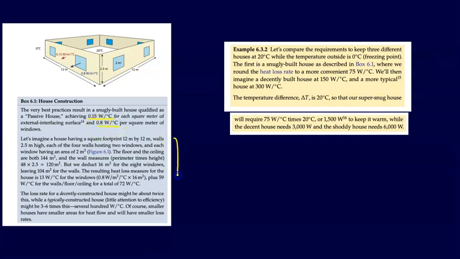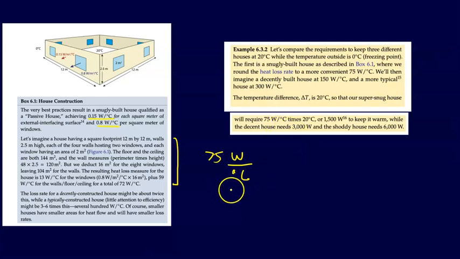They go through and calculate, looking at surface areas, and what they come out with for a really well constructed house is that you lose 75 watts. That's basically 75 joules per second per degree of temperature difference. Again, this applies when the temperature inside the house is different than the outside.